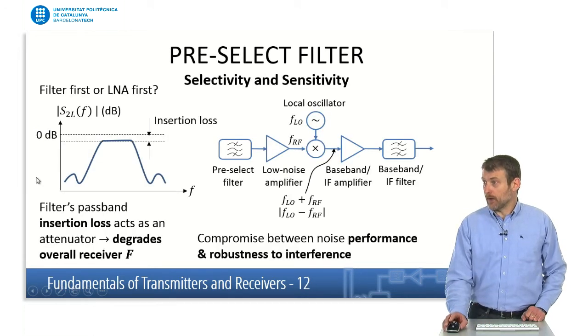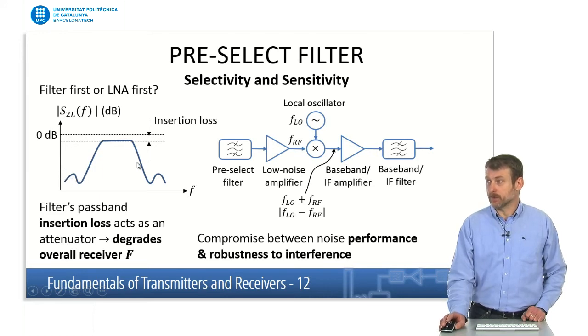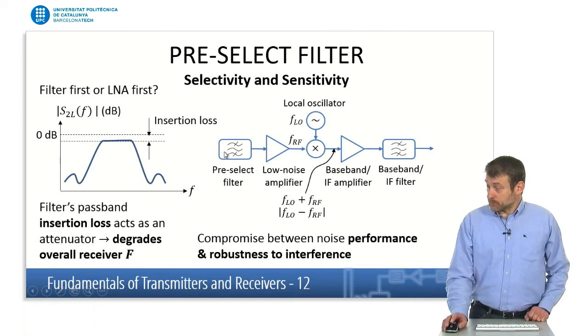Now, the pre-select filter will have a certain frequency response like this and might have some insertion loss in the passband, right? This pre-select filter may be placed either ahead or behind the low noise amplifier.